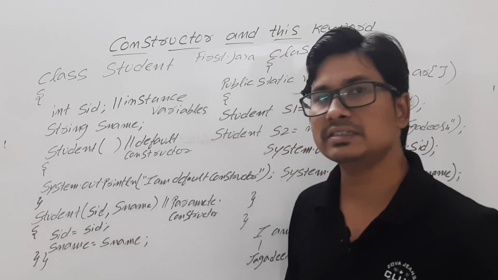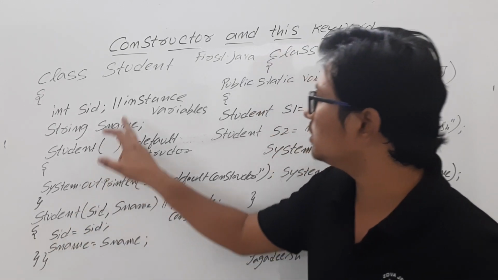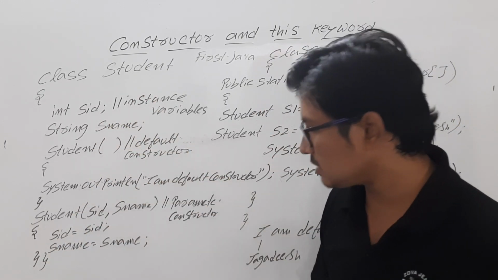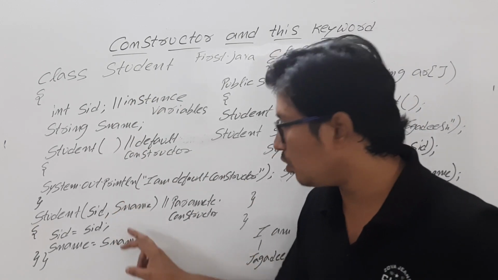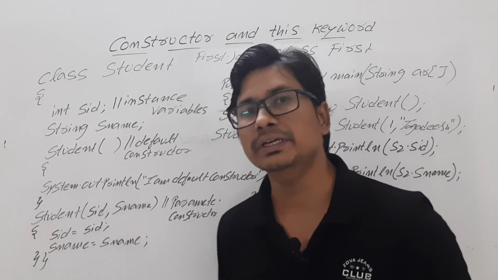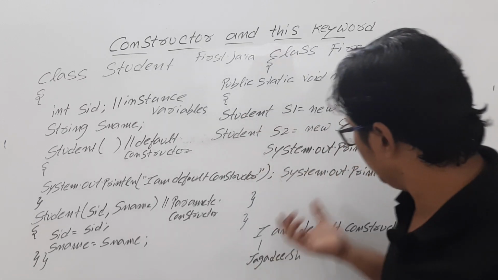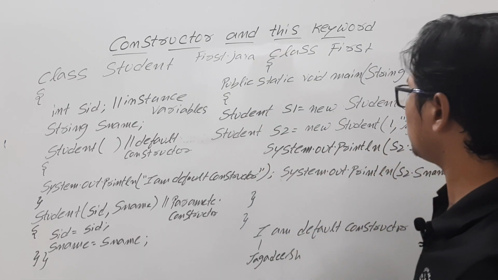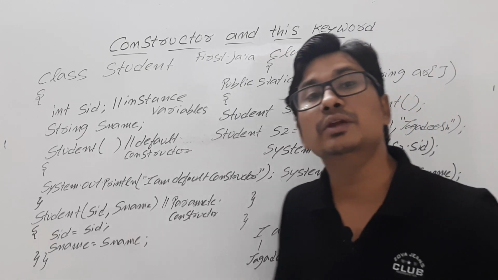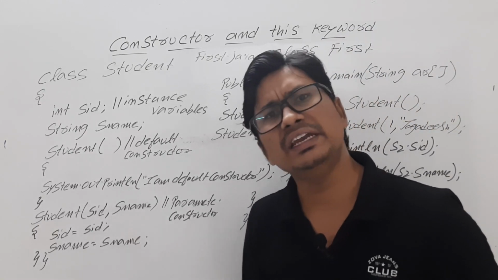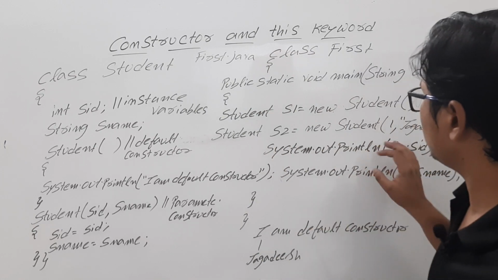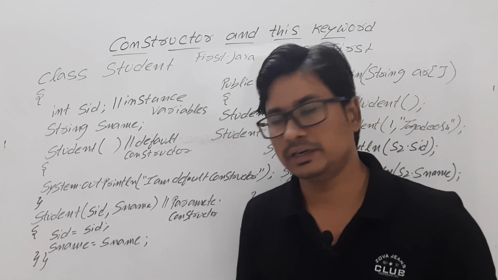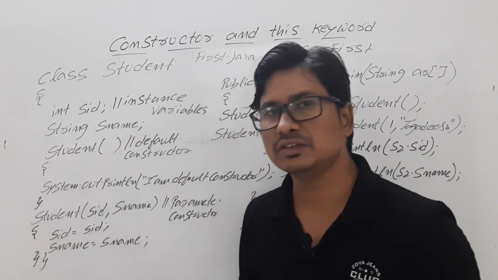Similarly, sname is an instance variable and also a local variable. Then the compiler will be confused. Then if you display the output with System.out.println s2.sid, s2.sname, what will happen? It will not give any error. Instead, it will give null and null. Okay, because the compiler is confused.